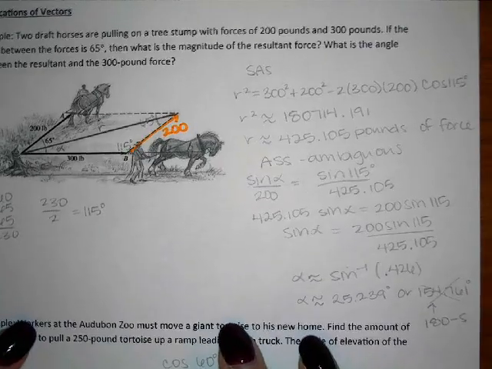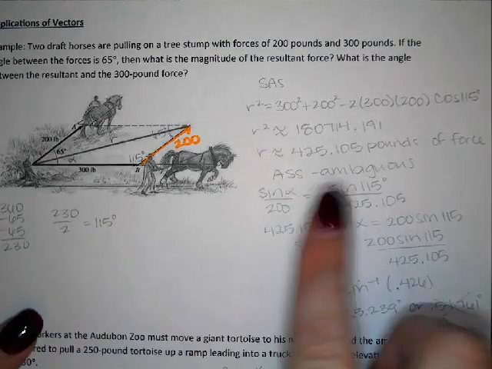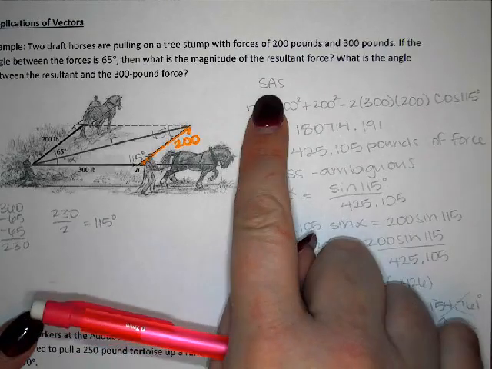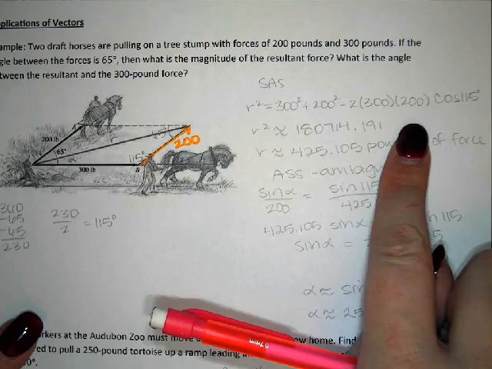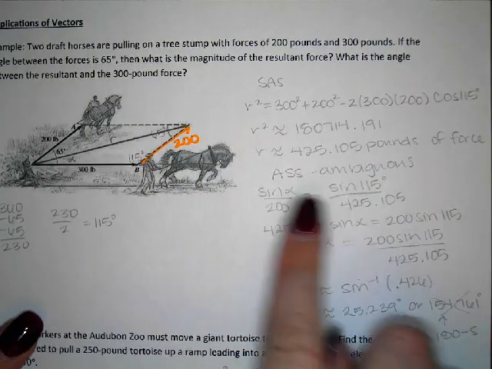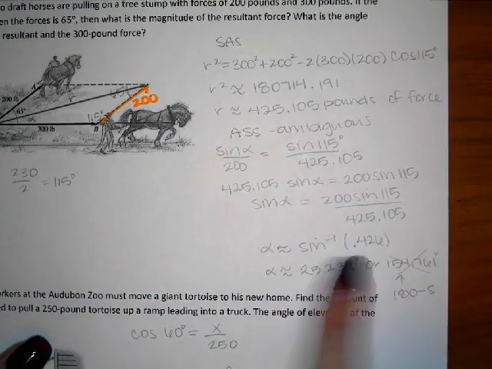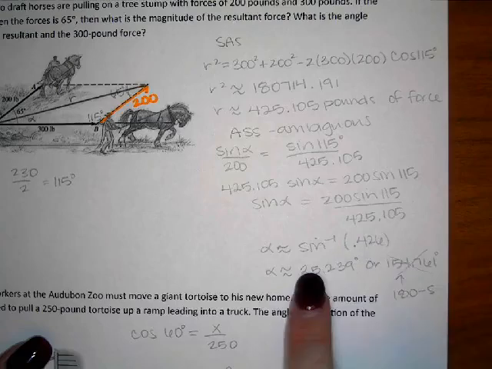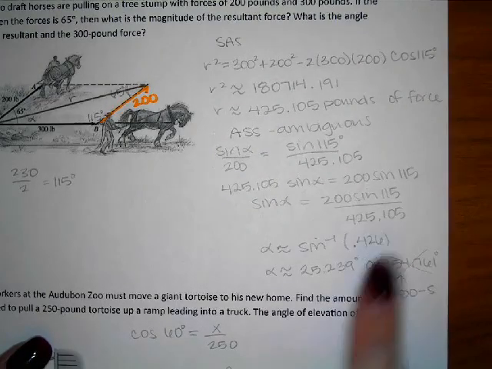I ended up using the ambiguous case, and so when I solved for the missing angle at the end, I just made sure that I wrote the two different possibilities for the angle to consider that ambiguous case, and then I knew that the second version didn't work because the angle was too big. So you can do this problem the way that we did it by finding the two vectors and just adding them together, or you could use triangles. So law of cosines, law of sines.